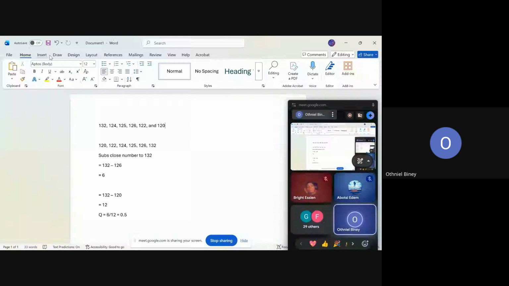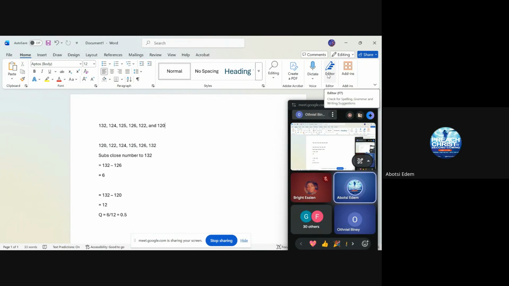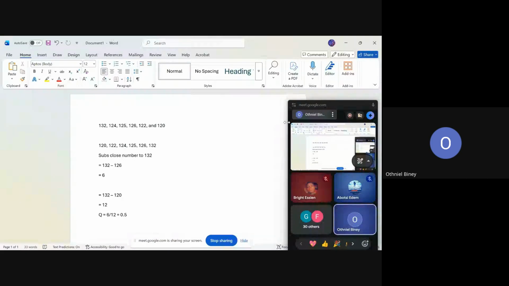Notes. Where do I see notes? I am lost. You can see my screen, right? I'm listening. Mr. Bright, if you guys can just show me, please. Where do I go to? I'm coming. Okay. Yes.